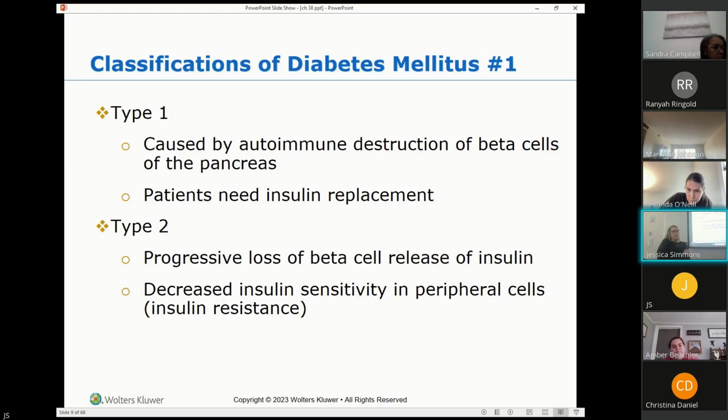Type 1 diabetics cannot live without insulin because their pancreas can no longer produce the amount of insulin that the patient needs to survive. Type 2 diabetes is the progressive loss of beta cells that release insulin. Decreased insulin sensitivity in peripheral cells also occurs, which we refer to as insulin resistance.